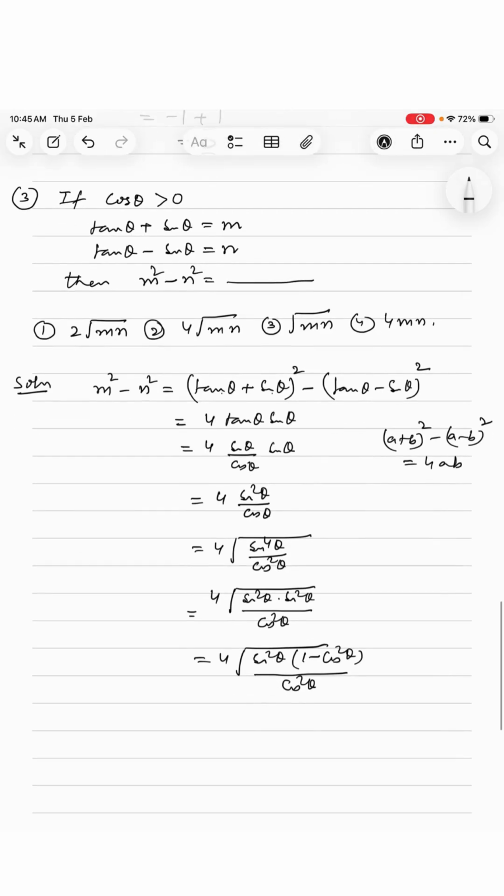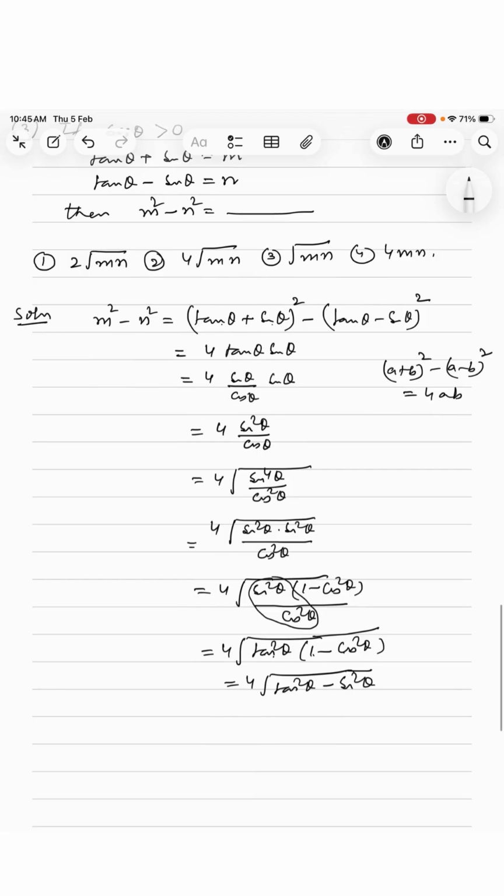So therefore it is 4 into root of, sin square theta by cos square theta, you can write it as tan square theta into 1 minus cos square theta. Now very important point is, if you open the bracket, tan square theta into 1 is tan square theta. Tan square theta into cos square theta is always equal to sin square theta.